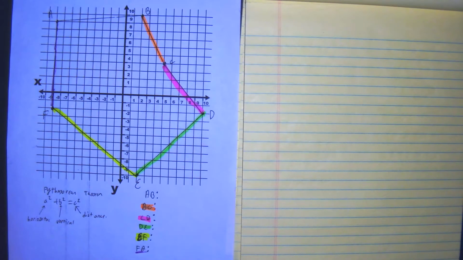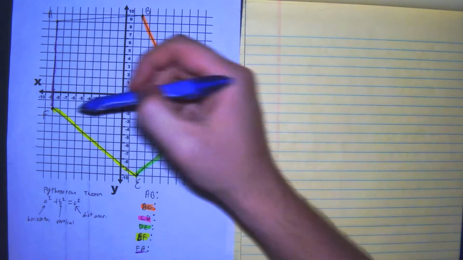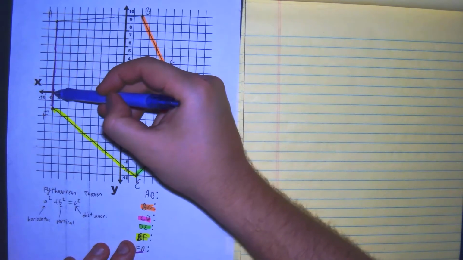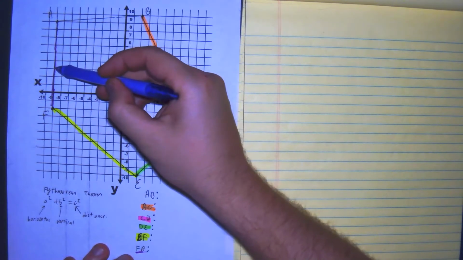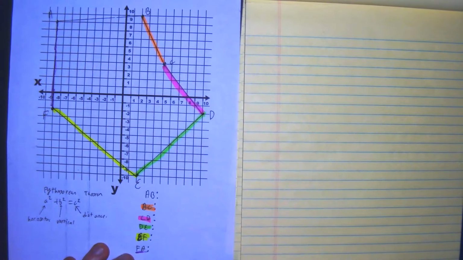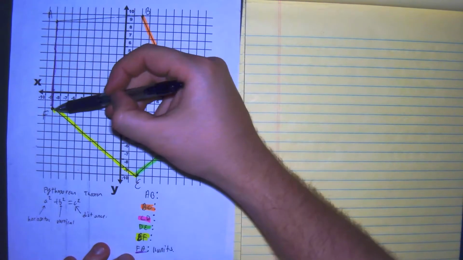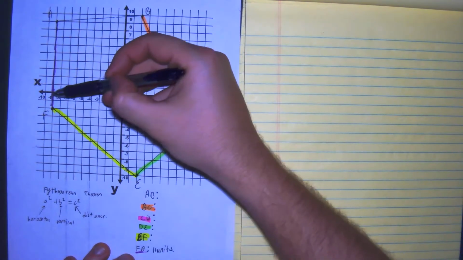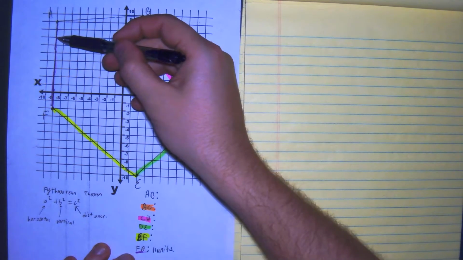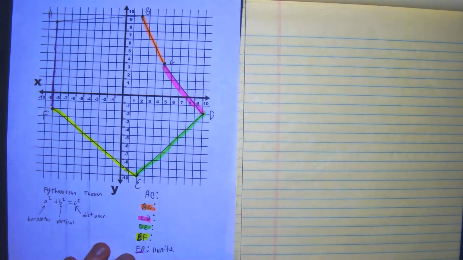So it means we just got to count the distance. 0, 1, 2, 3, 4, 5, 6, 7, 8, 9, 10, 11. So I believe this one is 11 units. I'm going to write it there just to confirm it. Try it one more time. 0 through 11. So we have 11 units.